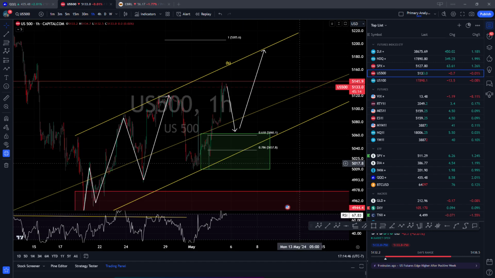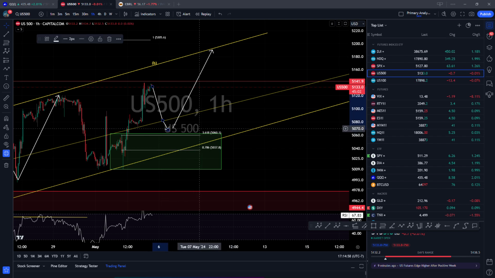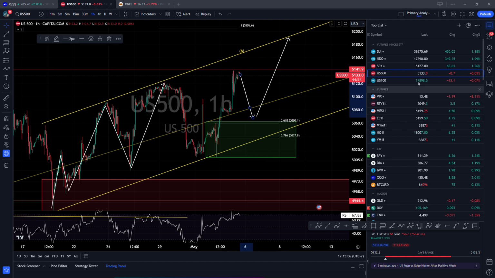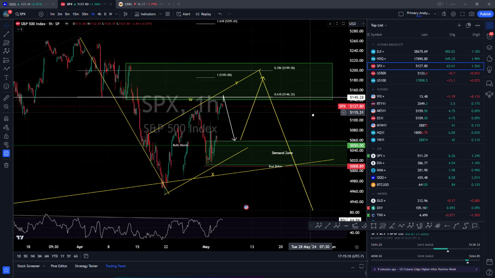So we'll see what happens, but this is my primary assumption as of now, that this is what should happen in the next 6-7 sessions basically. Any questions? No questions? Okay.